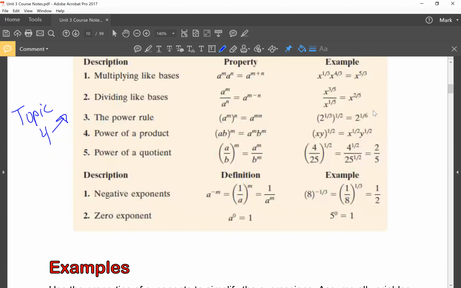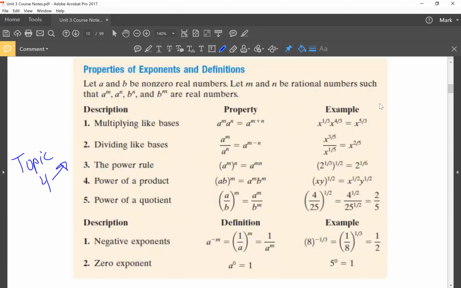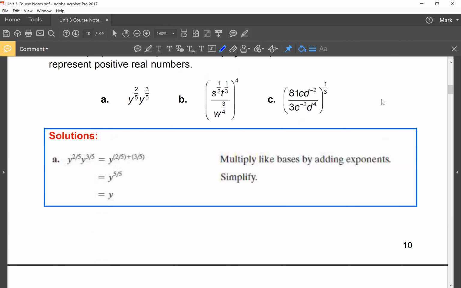When we're simplifying this, we add the exponents. I'm going over these properties again. For A, if I had x squared times x to the power of 5, you would add the exponents and get x to the 7.